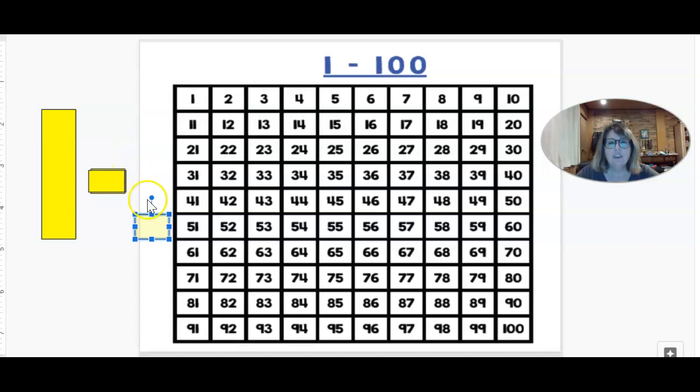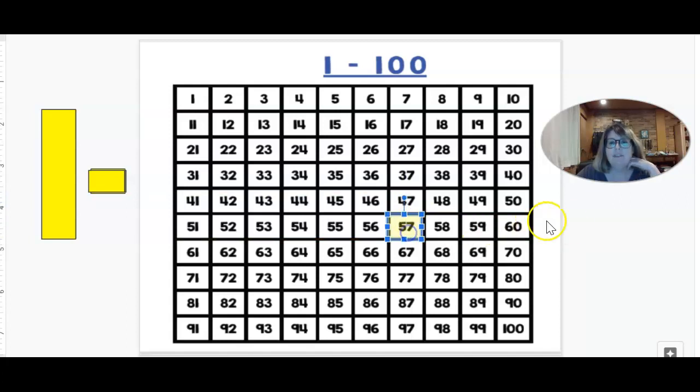So here's a hundreds chart. Let's say I was starting with the number 57 and I wanted to go 10 less. I would go up 10, and the 7 would stay the same, but the 5 would be different. The only digit that changed is the digit in the tens place when I subtracted 10.